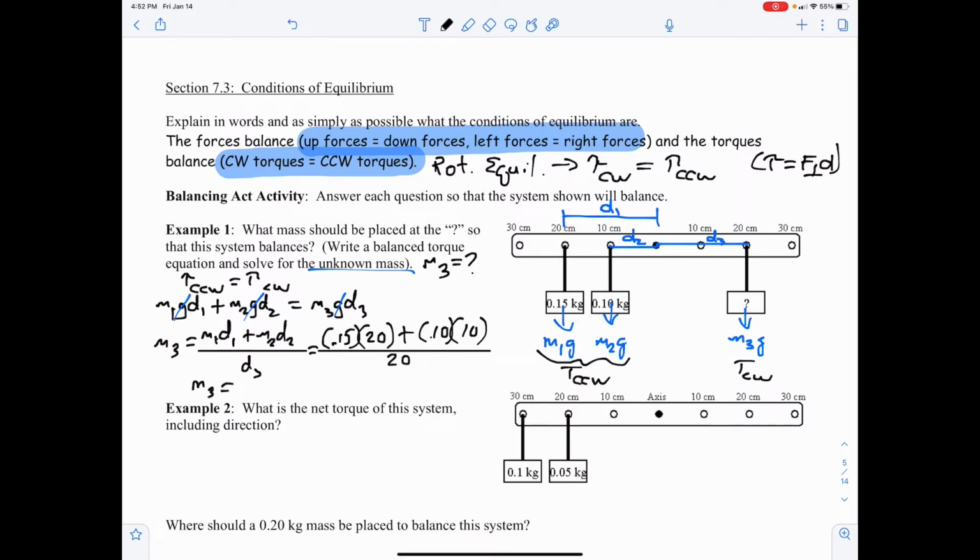So M3: 0.15 times 20, that would be 3. So we have 3 plus, on the other side, 10 times 0.10 would be 1, over 20, which would be 4 over 20, which would be 1/5, or 0.20 kilograms.